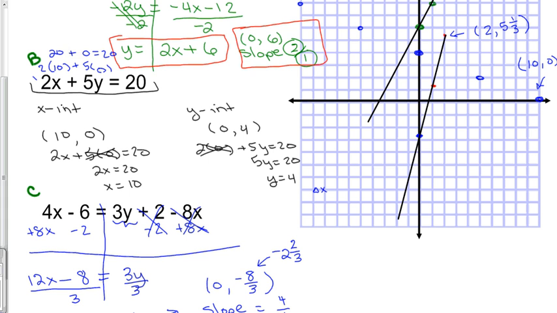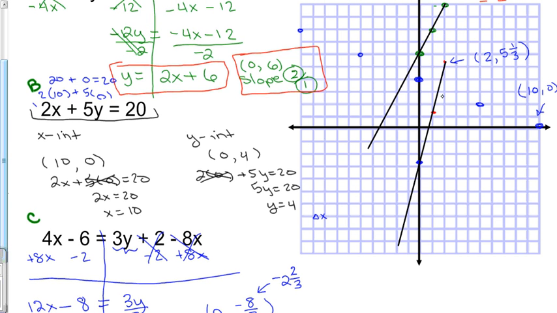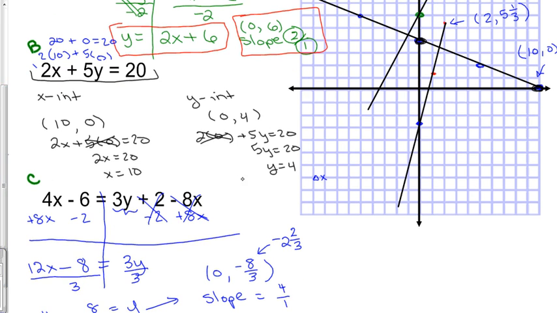So I now have these 2 points, the point (10, 0), and that point's right here, and the point (0, 4), and that point's right here. And if I connect those 2 points up, you'll see that it gets me the same line I got when I was using my slope-intercept form. It gets me that same line that goes through those points. So it's just another way to find the graph of a line.